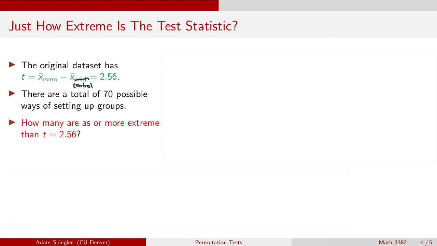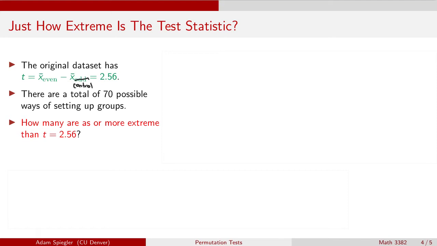And the question is, is that a large difference or is that not a large difference? We shouldn't just be making this decision based on our gut. So we thought about what the sample space is here. What are all of the possible ways that we could have split up these 8 people? And out of these 70 possible ways, how many of them are as or more extreme than our observed sample?